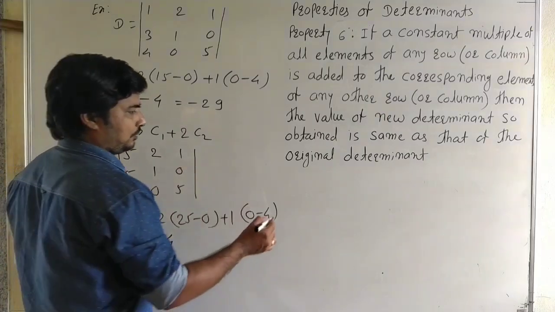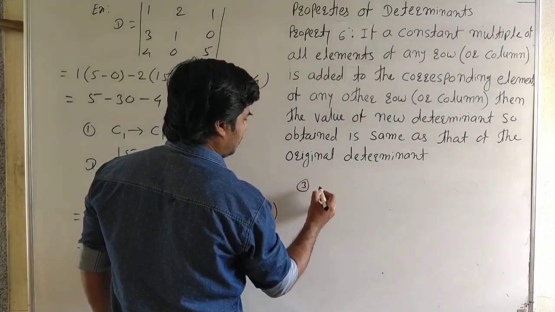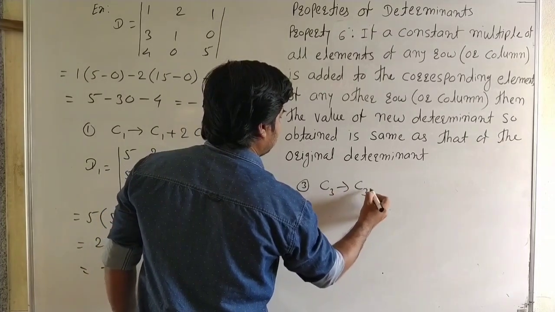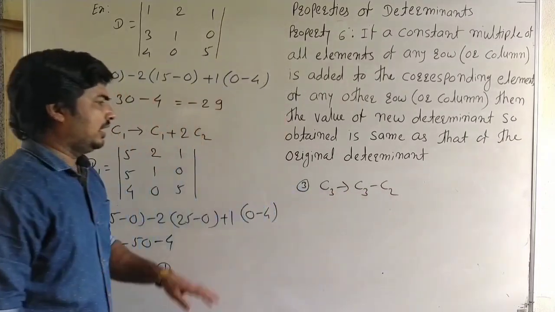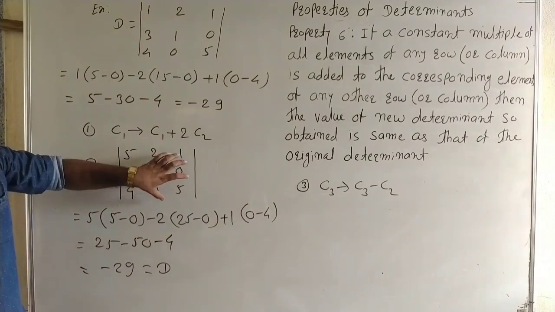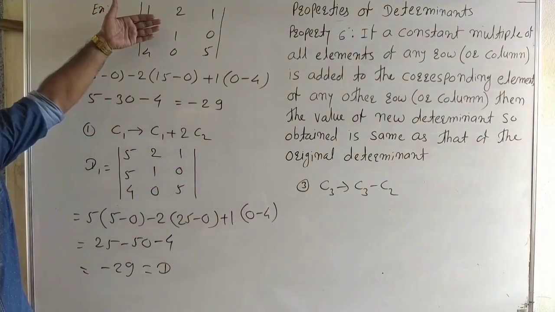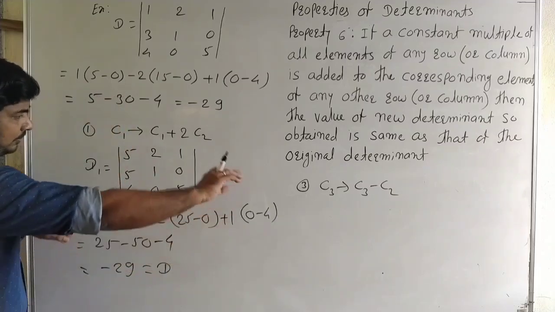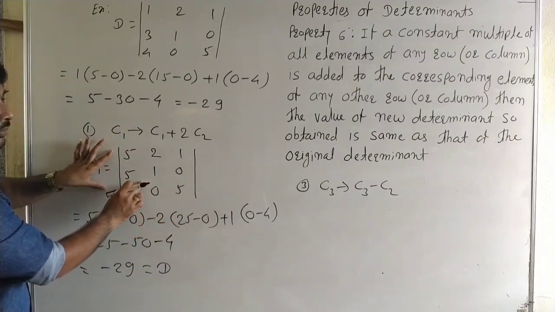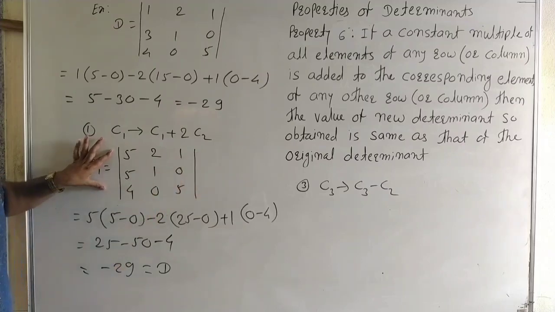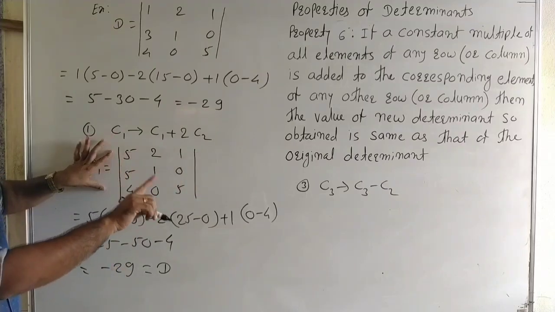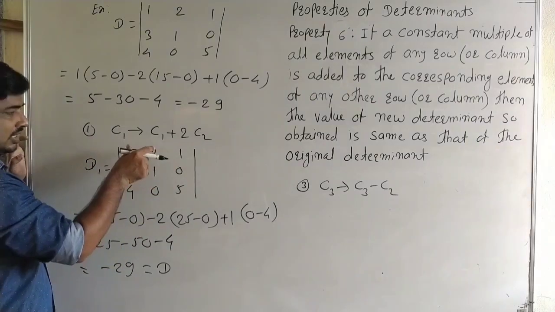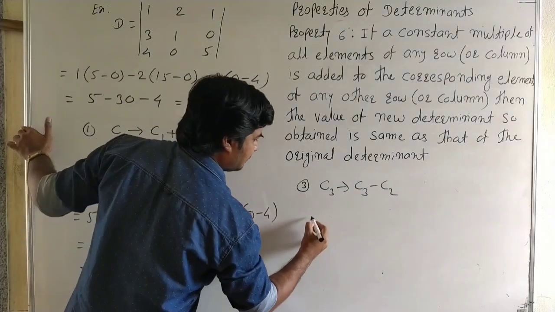Now again, by the second column, that is C3, we change C3 minus C2. Now we take the original determinant, this one. Okay, now it is our determinant, and we perform C3 minus C2. Okay, C1 and C2 as it is.